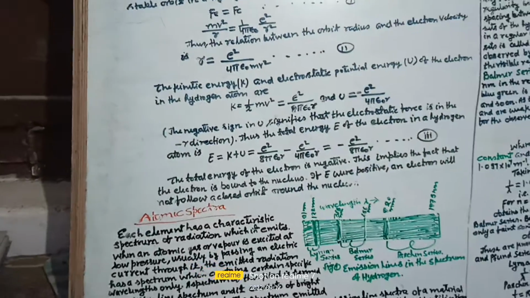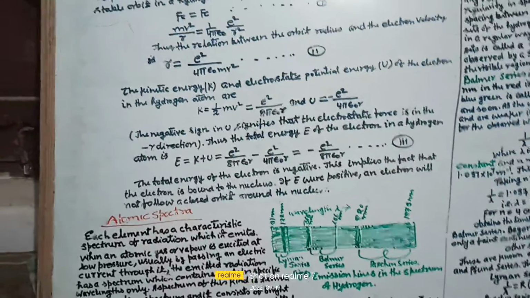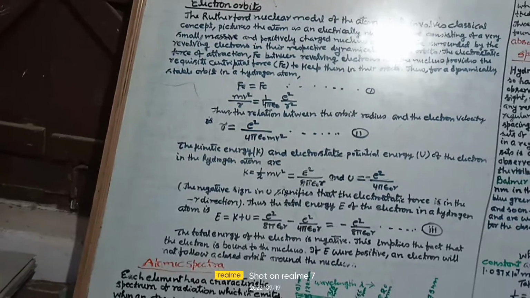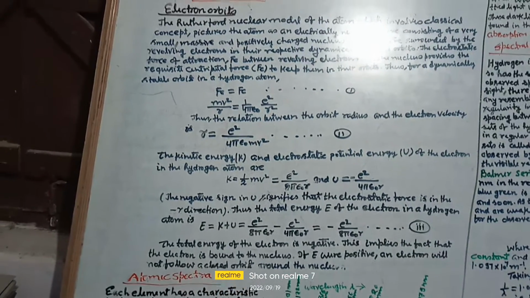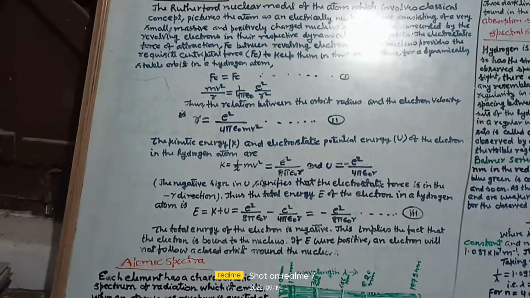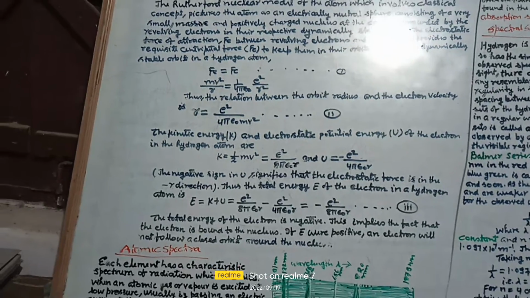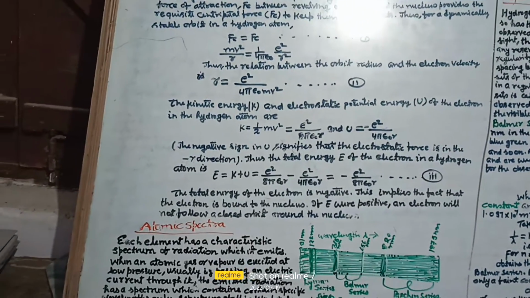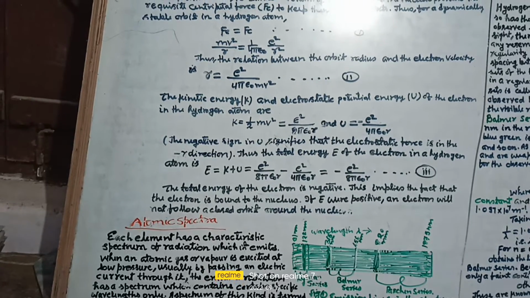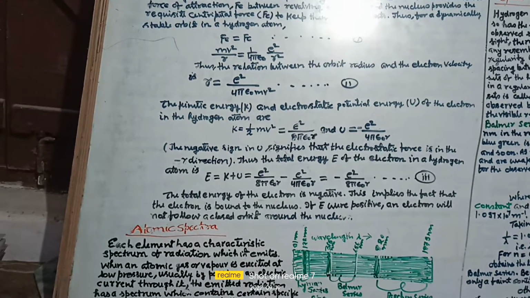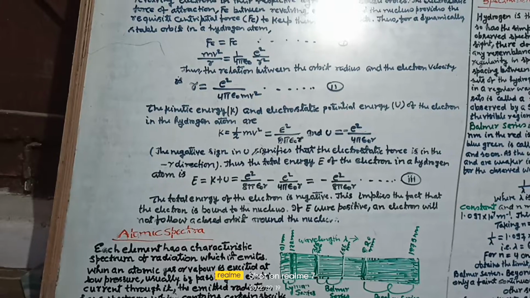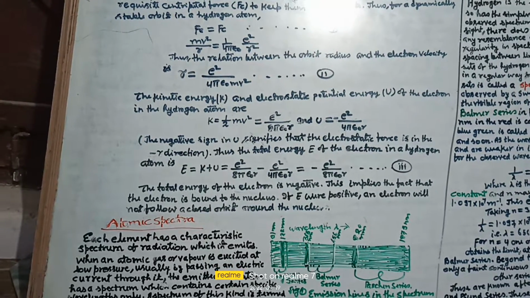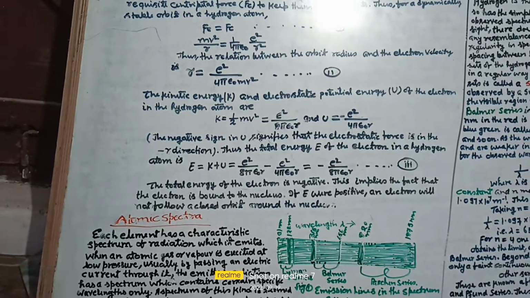Atomic spectra. Each element has a characteristic spectrum of radiation which it emits when an atomic gas or vapor is excited at low pressure, usually by passing an electric current through it. The emitted radiation has a spectrum which contains certain specific wavelengths only.